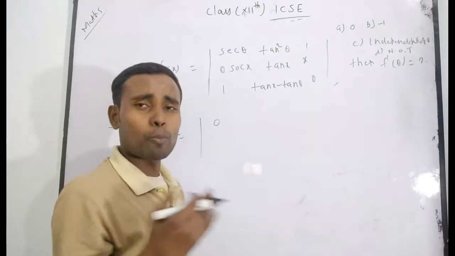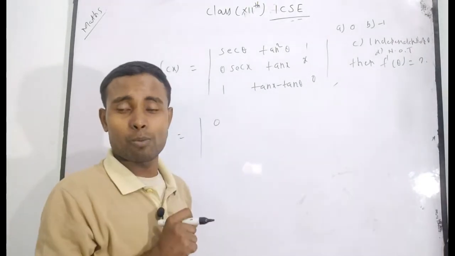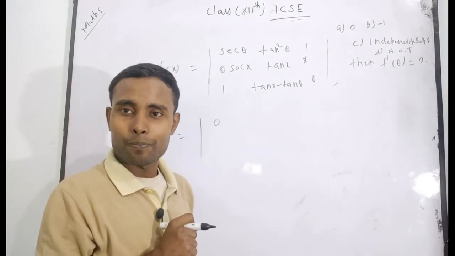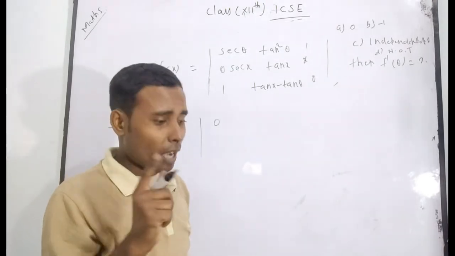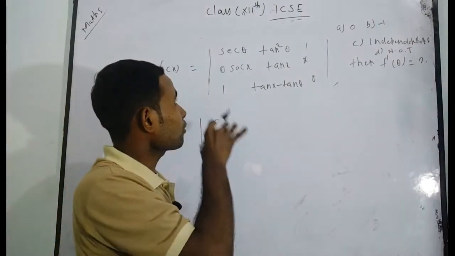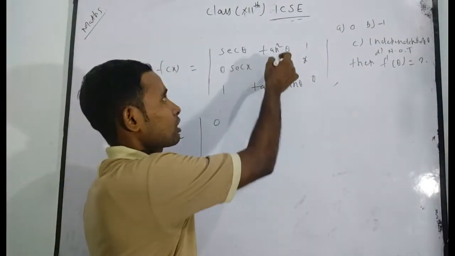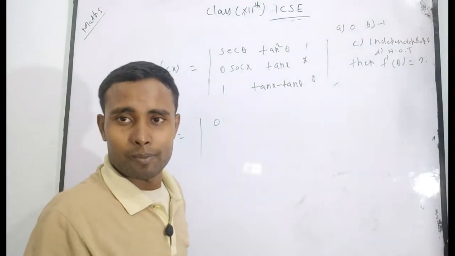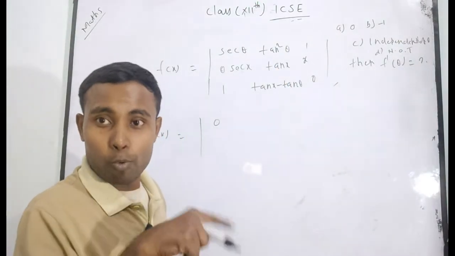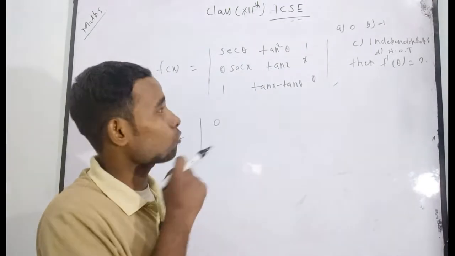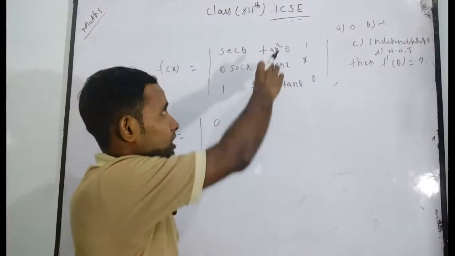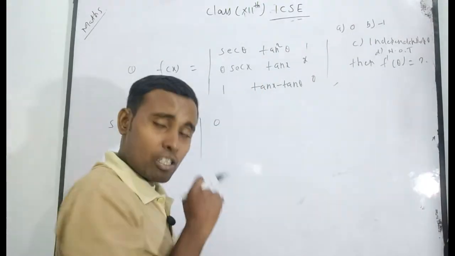Suppose that theta is equal to pi by 4, definitely its value will be root 2. Suppose this is your tan square theta, and if you put pi by 4, its value will be 1, and 1 square will be 1. So this is your constant, this is your constant, this is your sec constant.